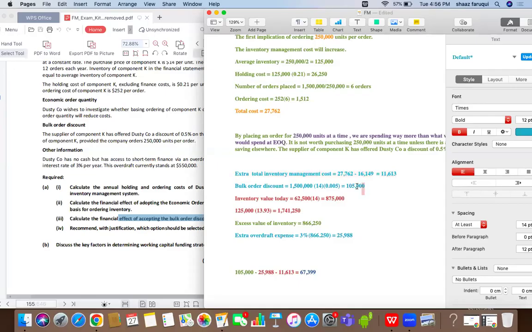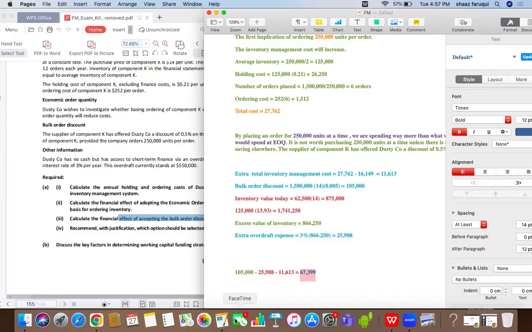However, there is a massive saving of 1,05,000, because of which there is a net saving of 67,399 by adopting the bulk discount. Therefore, Dustyco should go ahead and place the order for 250,000 units. Once you put that, the examiner will clap and give you full marks.